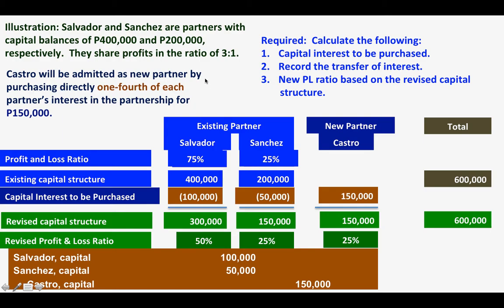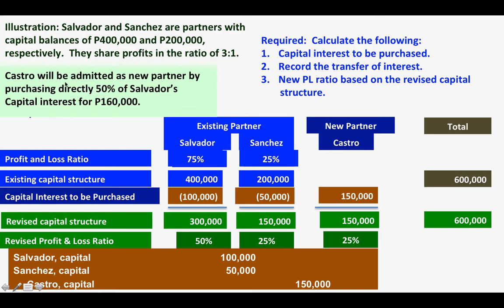Okay, class. So we will be using the same given, but we will change certain conditions in admitting Castro. Castro will be admitted as new partner by purchasing directly 50% of Salvador's capital interest for 160,000.